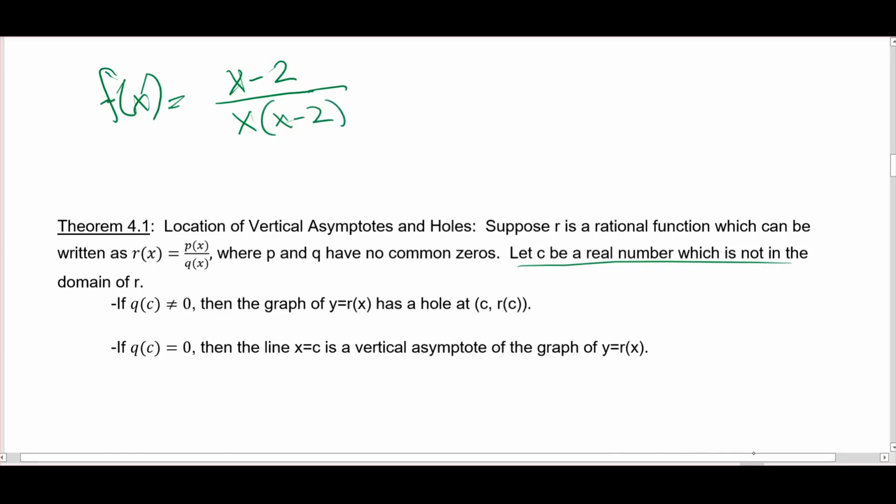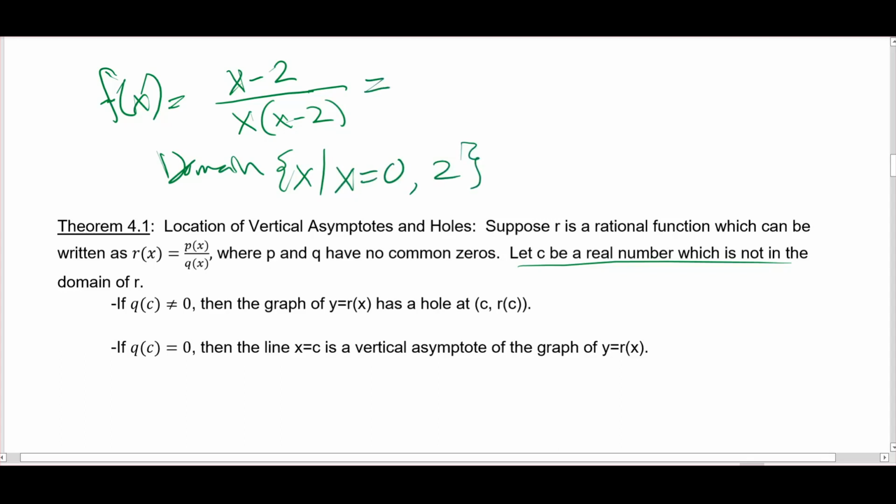So let's pretend like we haven't done anything yet here, and let's just say what the domain is here. So the domain, we know that the denominator can't be 0, right? So this is the set of all x so that the denominator can't be 0. So we can't have 0 and we can't have 2, right?